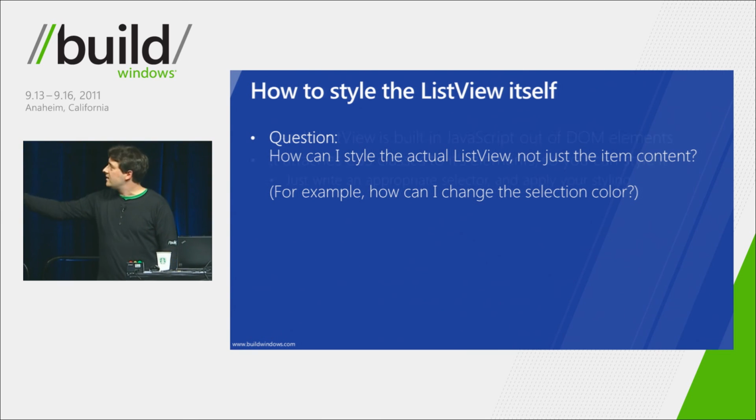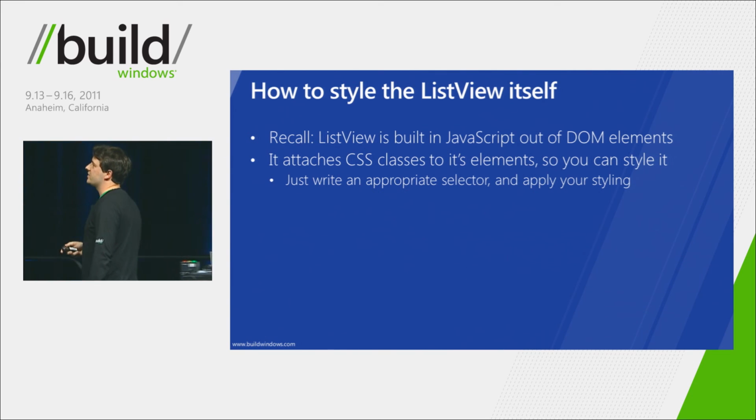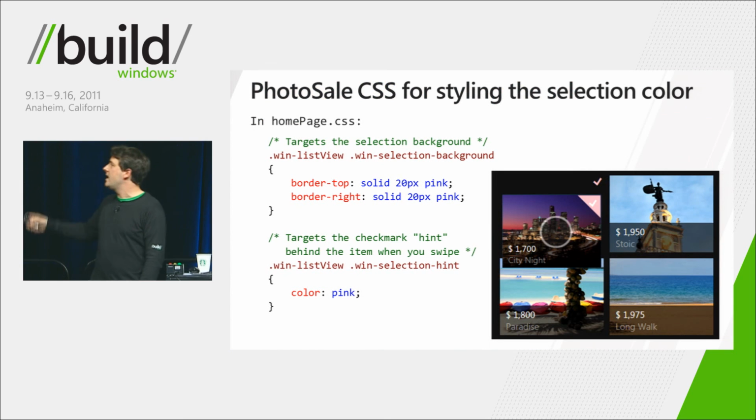The answer to this, you'll recall, is that the list view is built out of JavaScript, out of DOM or HTML elements, and so it's just a big tree itself. What we do is attach CSS classes to all of the different pieces of the list view, so all you have to do is write a selector that targets the piece that you want to style and then style it. It's that simple. So if I wanted to make the selection color pink, here's what I'd do.